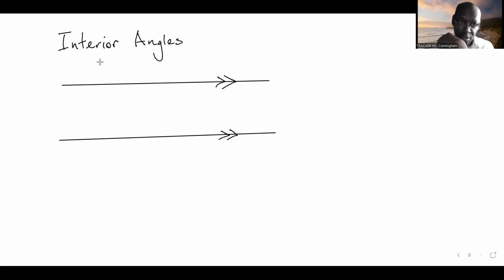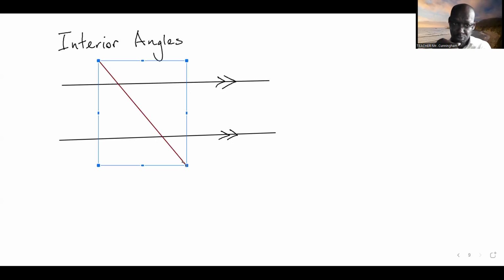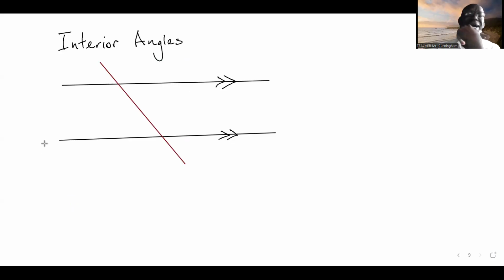This is my transversal line. Interior angles are angles that are formed on the inside of 2 parallel lines.